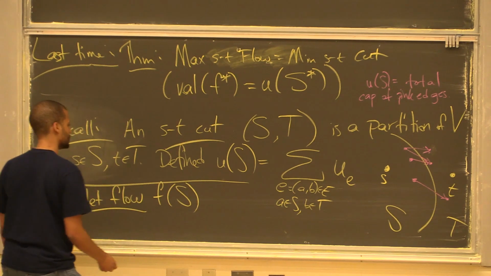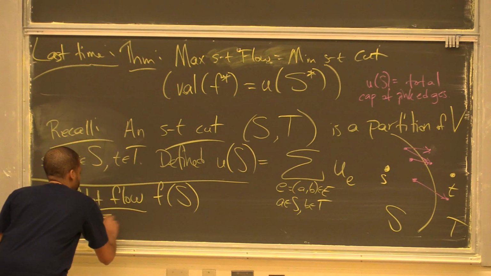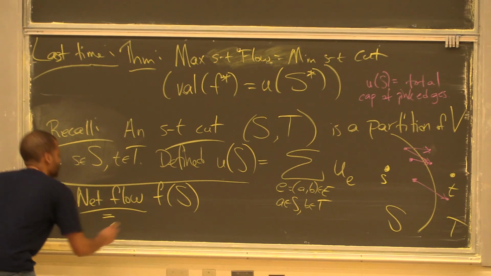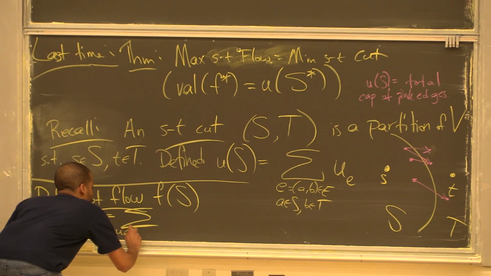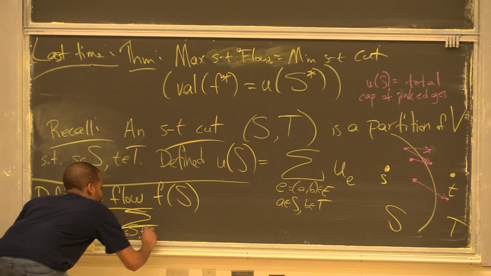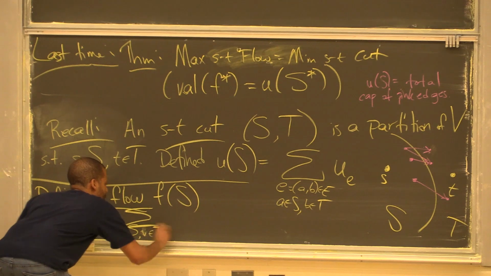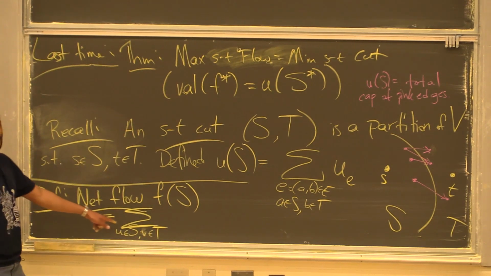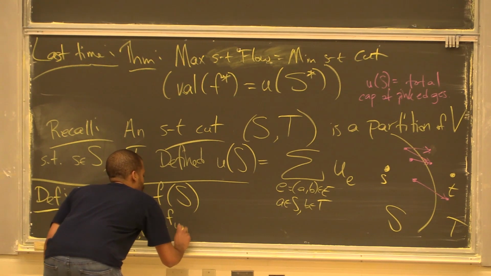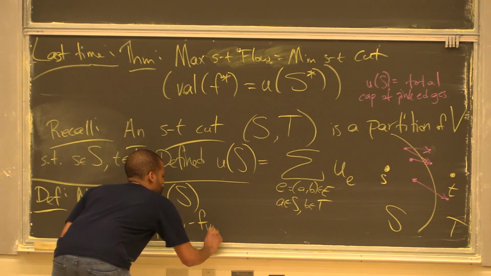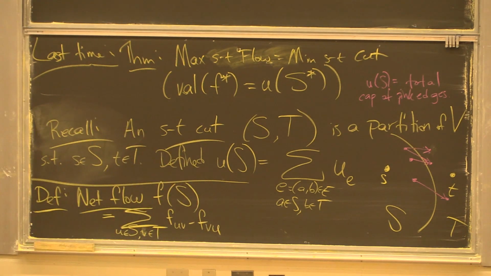And what that means is it's the sum over all u in capital S and v in capital T of the flow uv minus the flow vu. Okay?